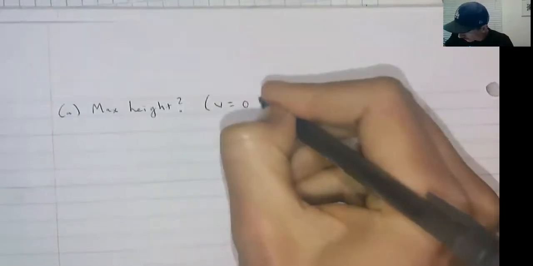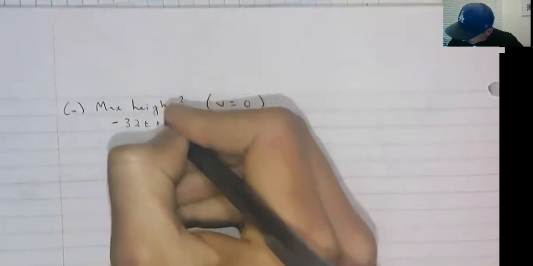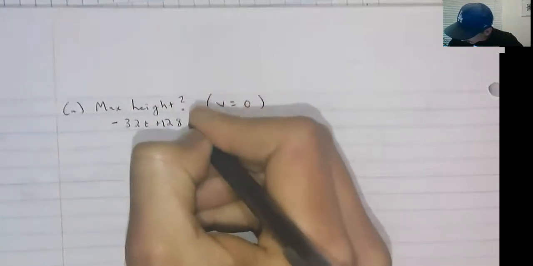Well, because the velocity is signed, that's going to correspond to the change between a positive velocity and a negative velocity, or otherwise known as when the velocity is 0. So when is velocity equal to 0? In other words, when is negative 32t plus 128 equal to 0?